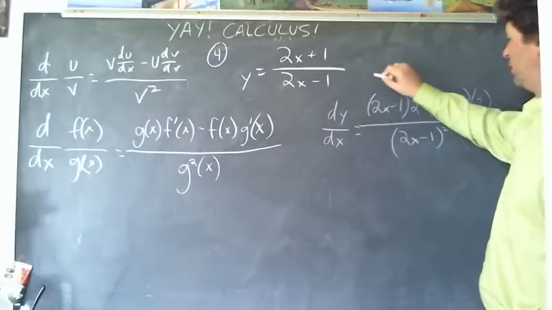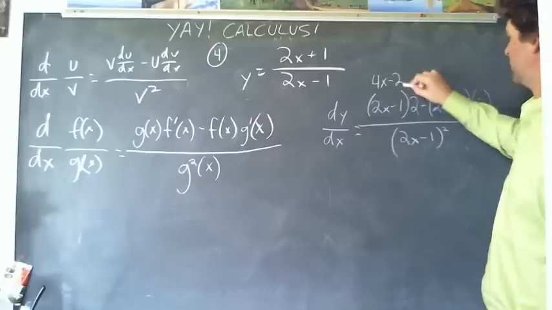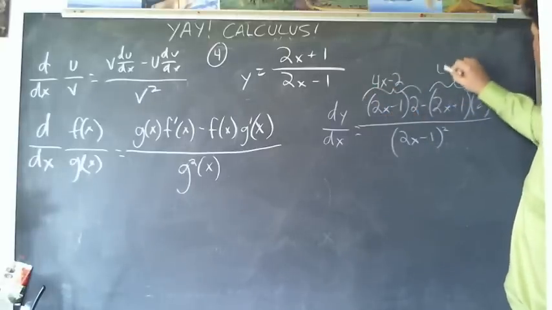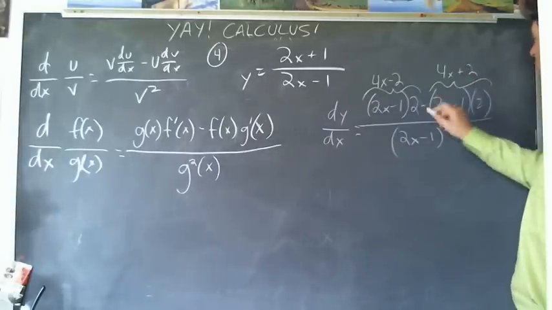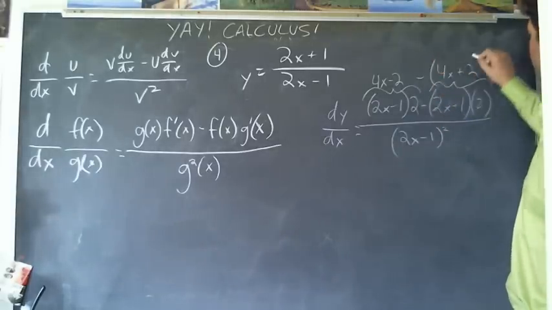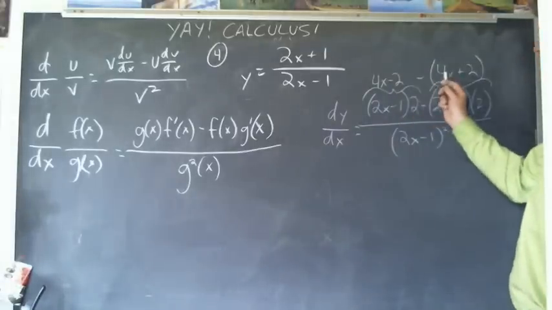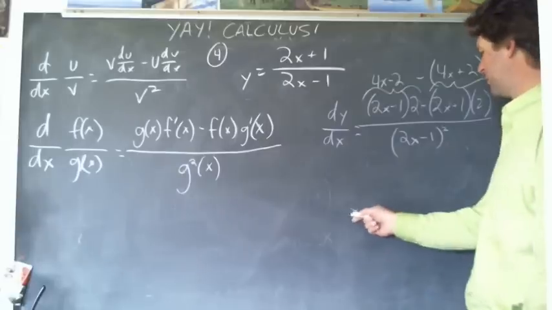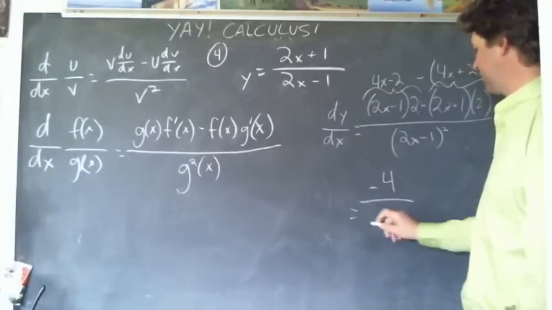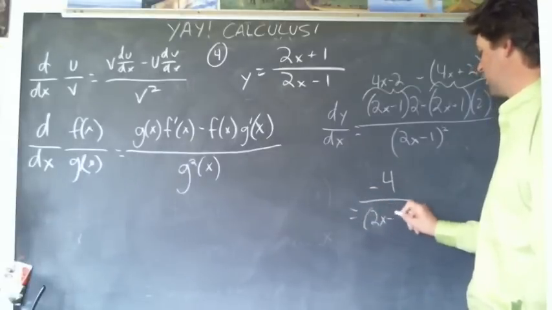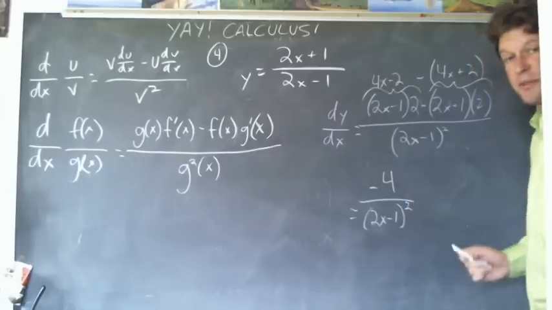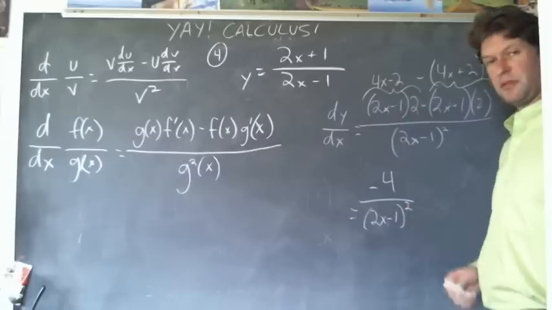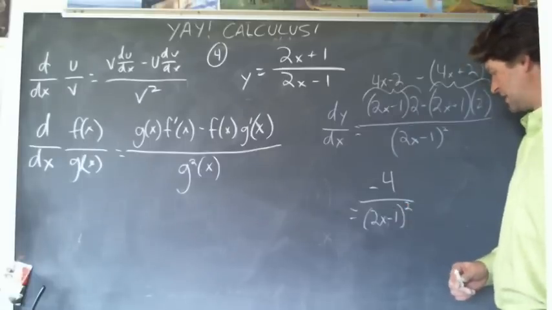So this is 4x minus 2. We'll put it together. This is 4x plus 2, but we're subtracting all this. So it's 4x minus 4x, which is nothing. Negative 2 minus positive 2 is negative 4. The temptation from algebra 2 is to square this because you had so much practice doing so, but this is in a perfectly simple form. So we'll leave it just as it is.